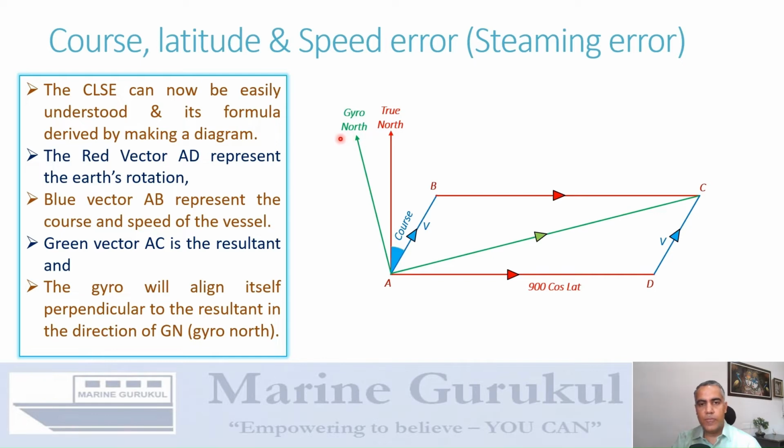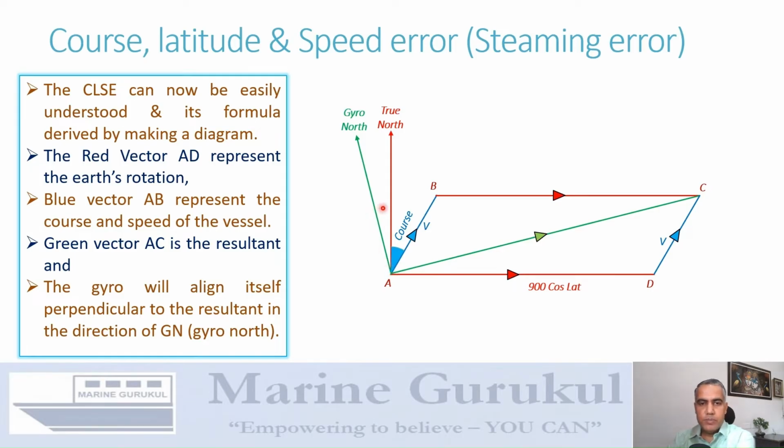So you can now see in this particular diagram, we have the true north represented by the red arrow perpendicular to the direction of rotation of the earth, and we also have the gyro north represented by the green color arrow perpendicular to the resultant in which the ship is being taken because of the earth's rotation as well as its own motion.